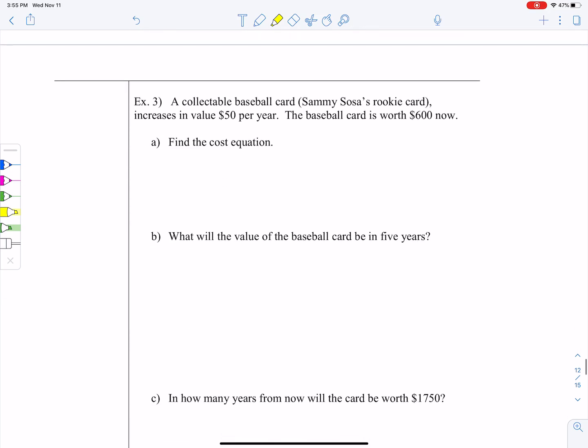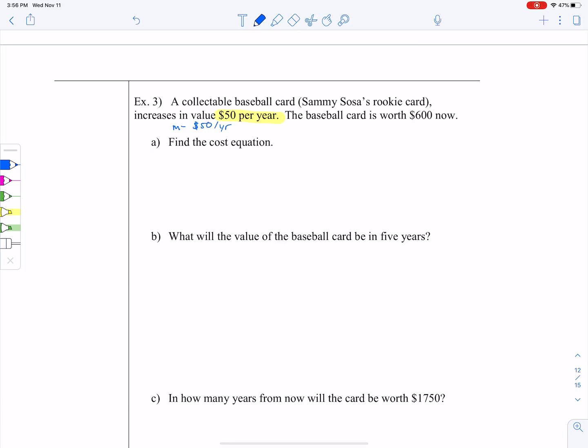Okay, next question. Last one. A collectible baseball card, Sammy Sosa's rookie card, increases in value $50 per year. The baseball card is worth $600 now. So they're telling you that it's increasing $50 per year.